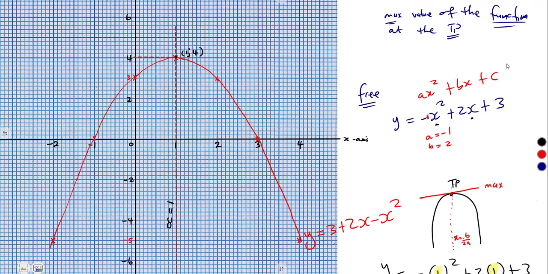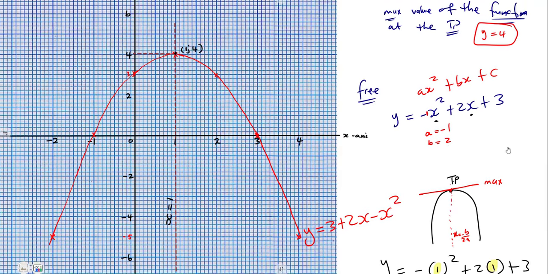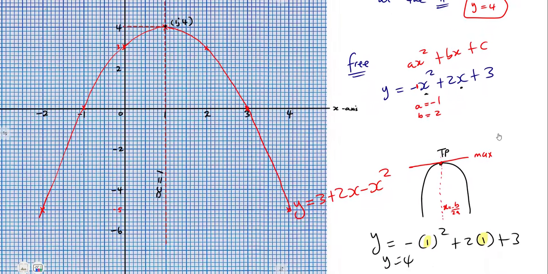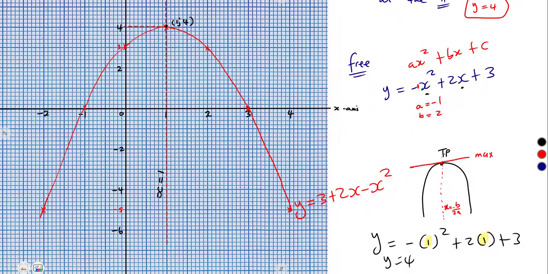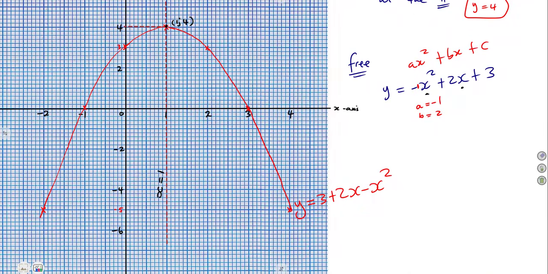So simply from our question here, y is equal to 4 from this graph that I'm explaining. That is the maximum value of the function or the maximum value of the given graph. You are referring to the y value at the turning point. All right. So all these aspects, you must understand them in general.